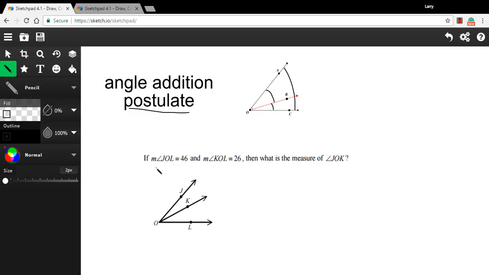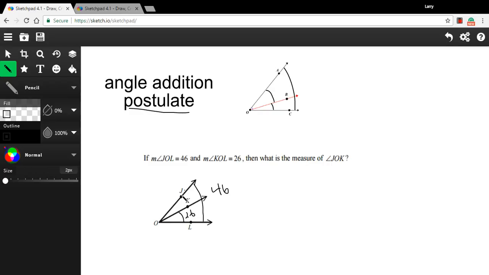In this first one here, it says if the measure of angle JOL, so that's the big one on the outside, is 46. So let's just sketch that in. I always like to write those things in. So that's 46. And KOL, so that's this one down here, is 26. What is the measure of JOK?